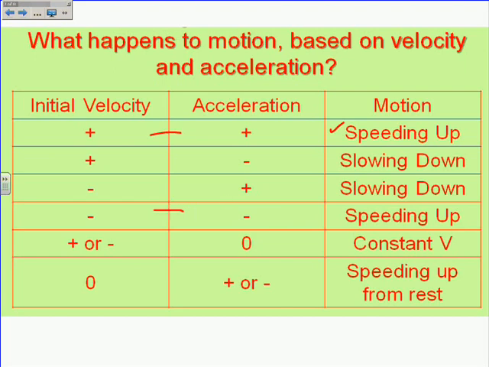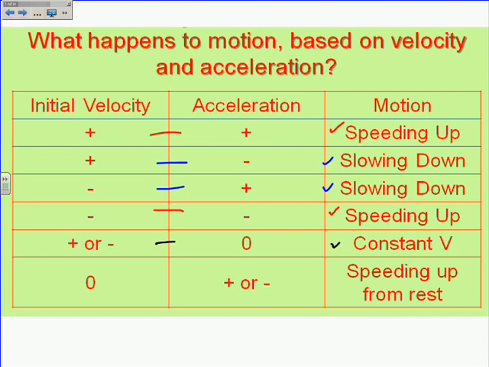If we have negative and negative acceleration and velocity, once again, a speeding up effect. However, if we have a positive velocity and negative acceleration, or a negative velocity and a positive acceleration, we get a slowing down effect. But regardless of what the velocity is, if we have zero acceleration, constant velocity, no change in that velocity.